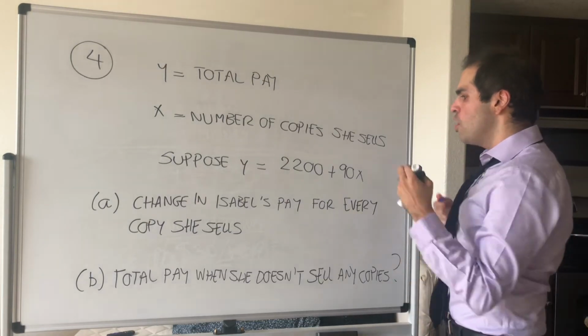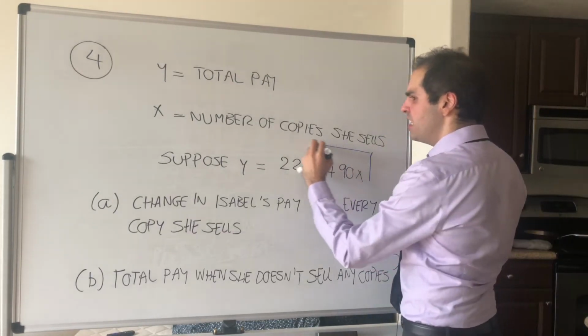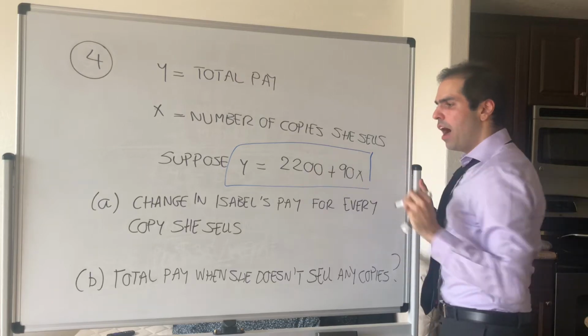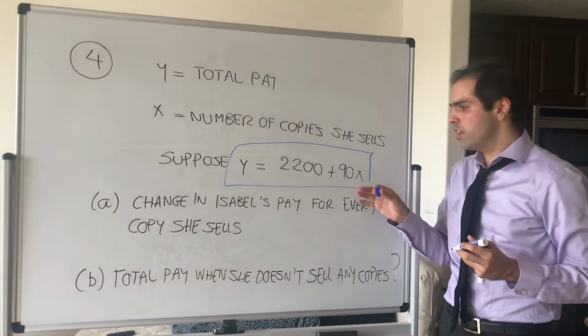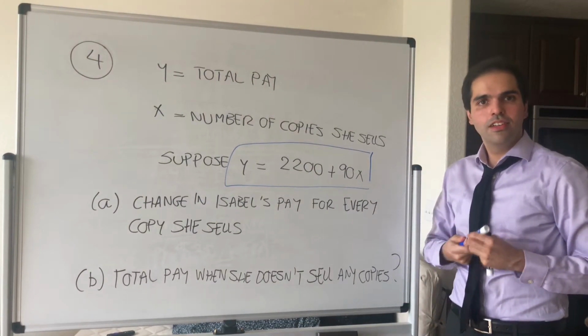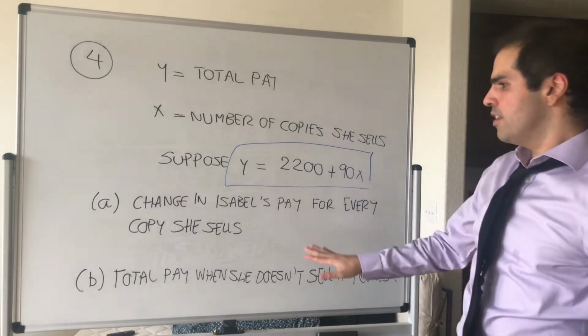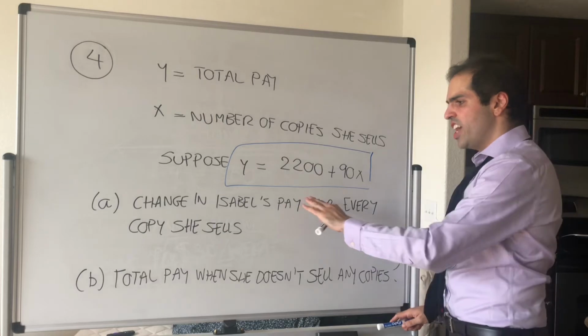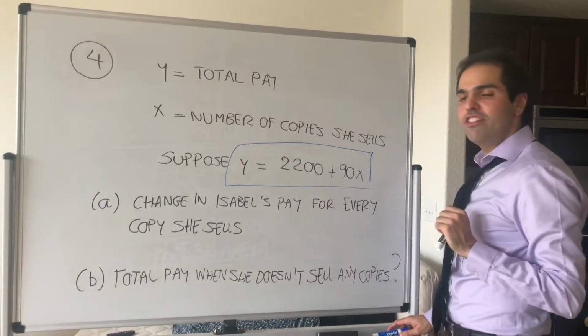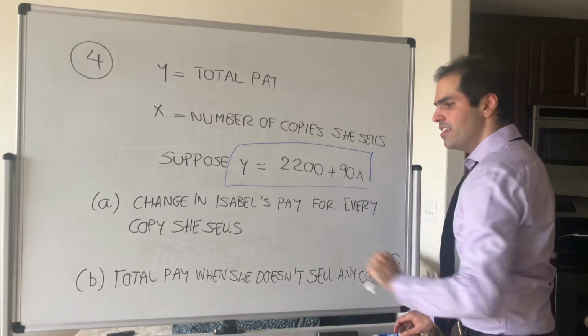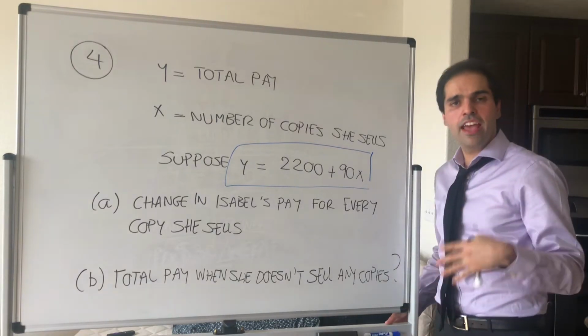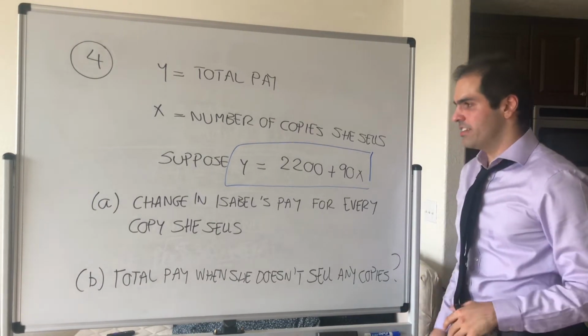And suppose her pay is related to the number of copies by 2,200 plus 90x. So again, a linear situation. And there are two questions. What is the change in Isabel's pay for every copy she sells? And the second thing, her total pay if she doesn't sell any copies.